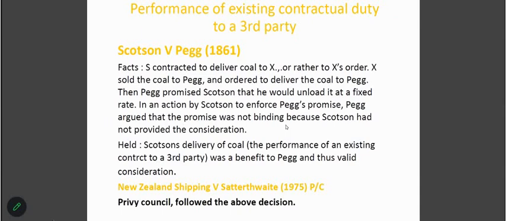In an action by Pegg to enforce that promise, Scotson argued that the promise was not binding because Pegg had not provided consideration. The delivery of coal, the performance of an existing contract to a third party, was a benefit and valid consideration. So there is a third party involved, but there is a verbal contract, right? So the party will win the case.